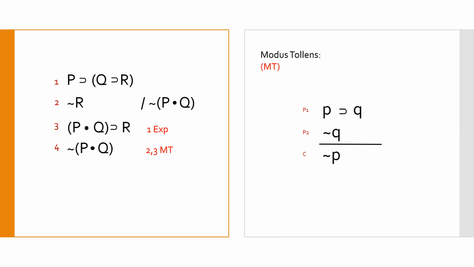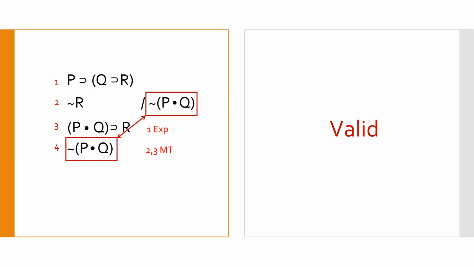Between line 3 and line 2, what we have with line 2 is the negation of the consequent of the conditional statement in line 3. That's exactly what you want to see in a modus tollens. And so the conclusion we draw from that is it's not the case that it's P and Q. And notice again, we've proven that this is a valid argument. And in this instance, notice that we used exportation in the opposite direction, in this case to help us develop a modus tollens.